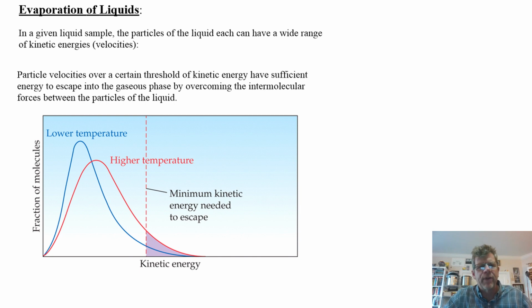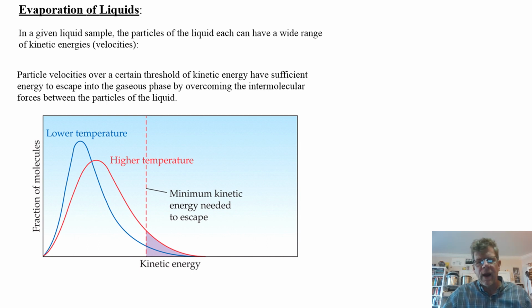So if we could graph this, we could look at a particular temperature and a graph showing the relative velocities of all of its particles, for instance, right here. On the x-axis is the increasing kinetic energy of the particles in the sample. And on the y-axis is the fraction of those particles which are at a particular kinetic energy.